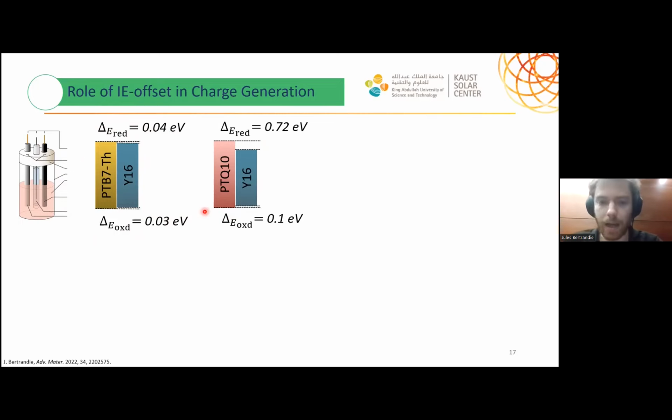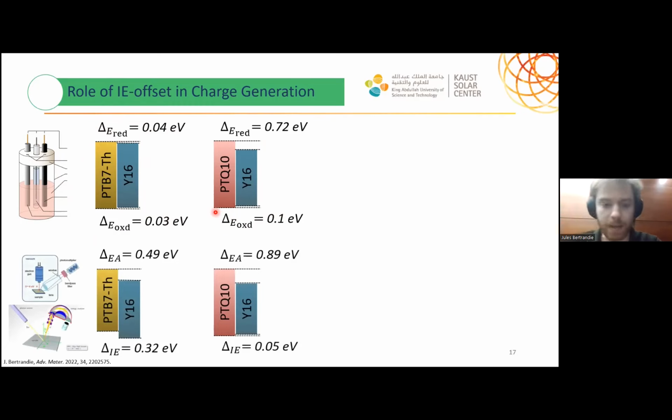Here, same. We don't see any offset for the HOMO. When we measure with the PES, we actually see an offset for the PTB7TH with Y16, but again, we don't see an offset for the PTQ10 Y16.